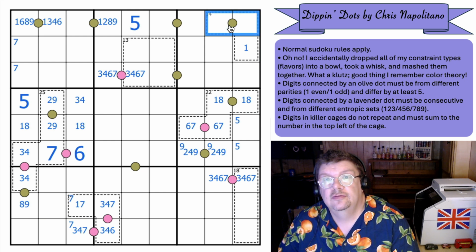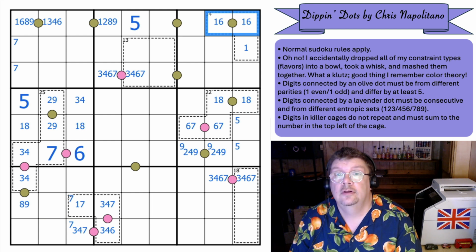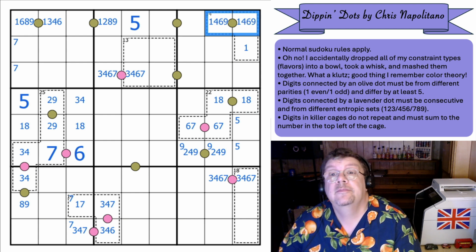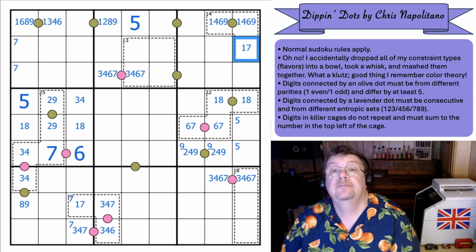If this is 7, 2, then that is 9, making this a 5. But this 5 means that that can't be a 5. And if this is 6, 1, then this is a 7. So we have 6, 1 or 9, 4. And this is 1 or 7.